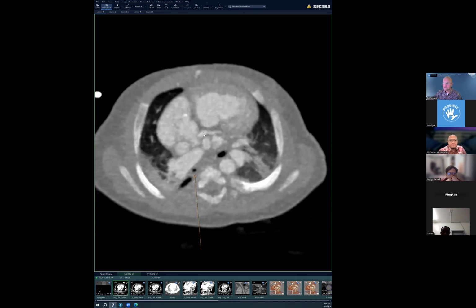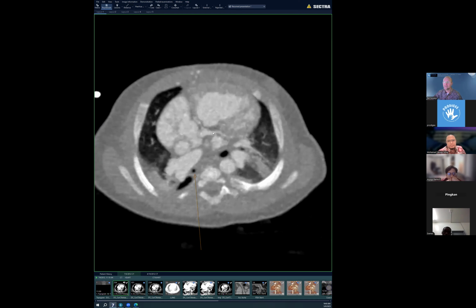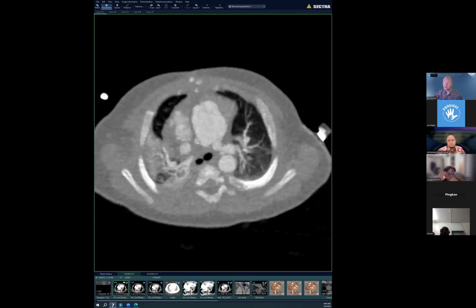So this ascending aorta is so tiny because its only use in this child was to provide circulation to the coronary arteries. So it's very much hypoplastic.